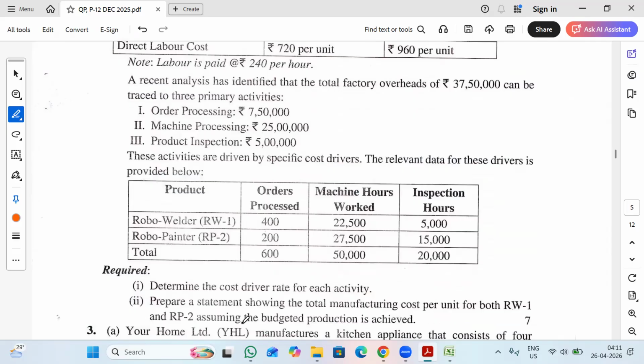So we need to calculate cost driver rate, and after that we need to calculate total manufacturing cost. Here many will be missing. They will be calculating overheads alone. Here they have asked total manufacturing cost. Manufacturing cost is nothing but your direct cost plus indirect cost. So let's calculate cost driver rate first.